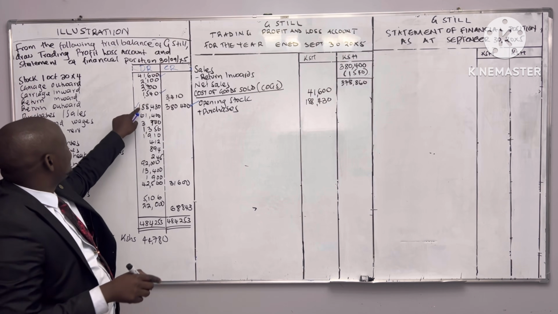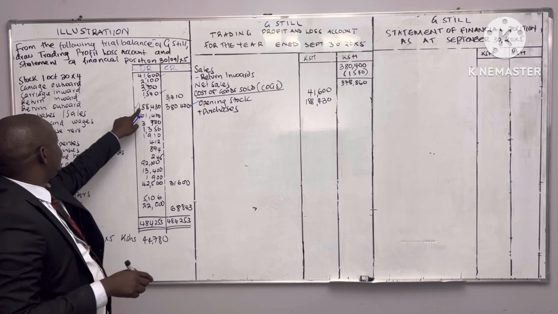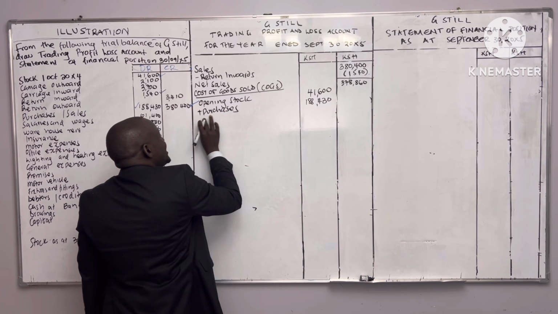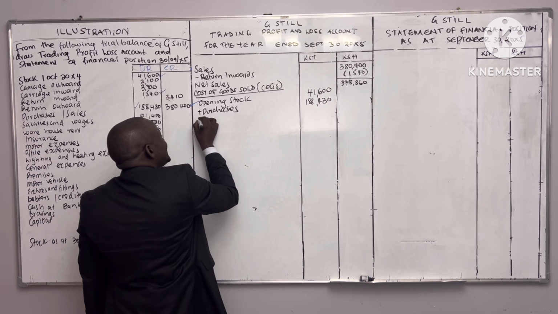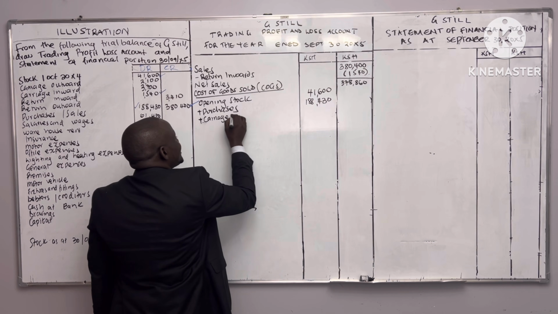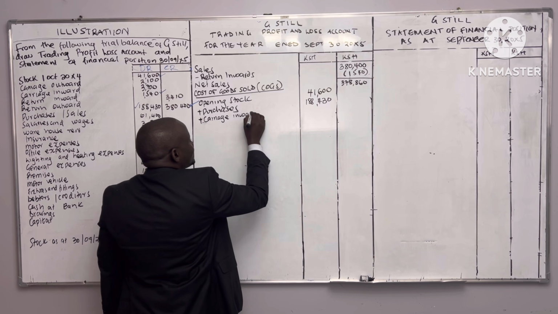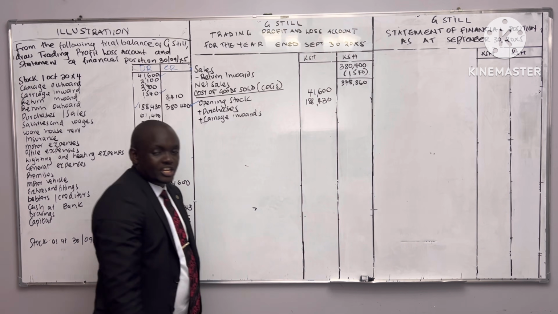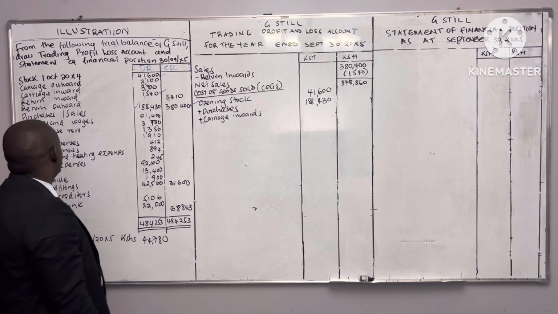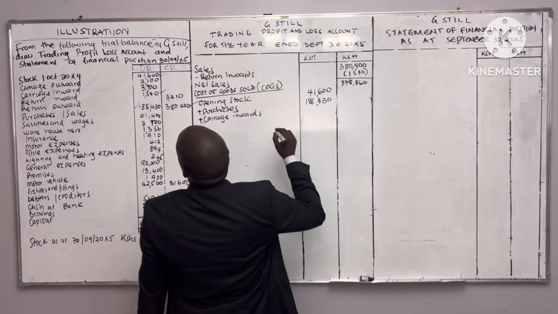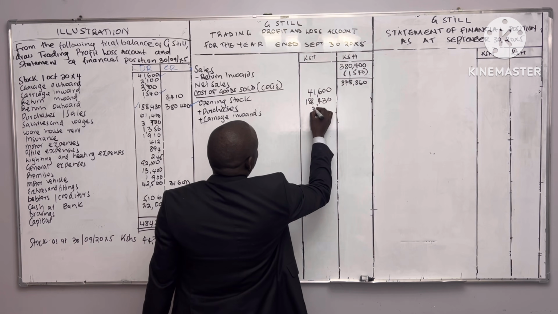After purchases, there is something that we add, the cost we carried these purchases, what we call carriage inwards. Carriage inwards, 3,700.